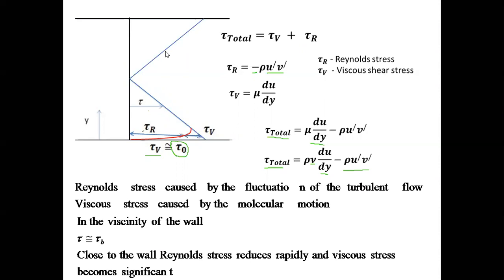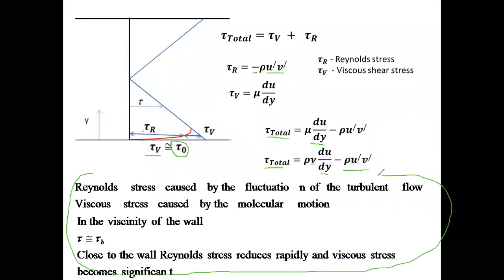Okay, right. This is what I explained in words, right? That means near the pipe wall, viscous shear stress is significant.